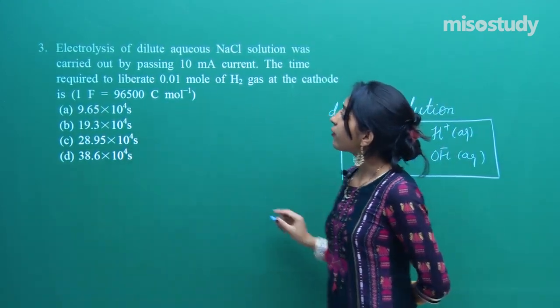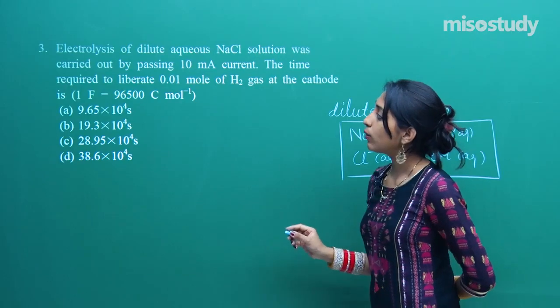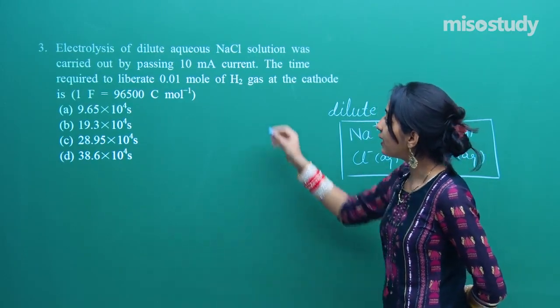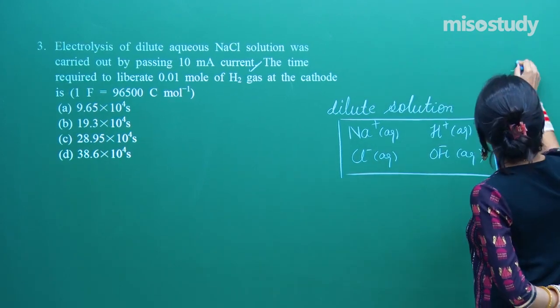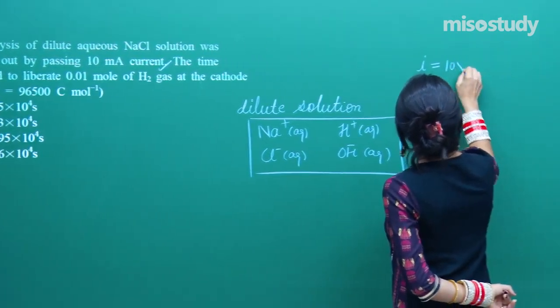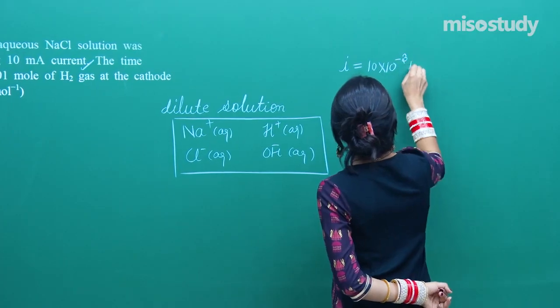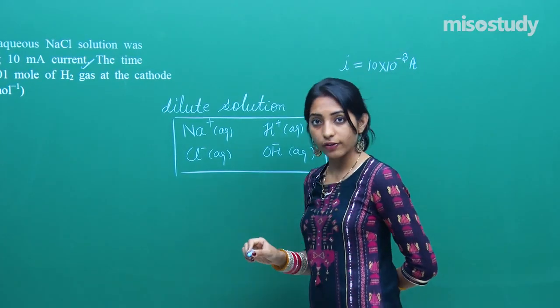So these are the 4 ions that will be present, right? Electrolysis of dilute aqueous solution of NaCl was carried out by passing 10 milliamperes of current. Let me write the value of current. 10 into 10 raised to the power minus 3 ampere of current was passed, right?